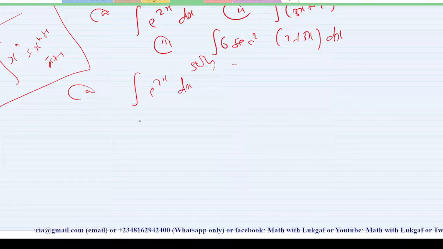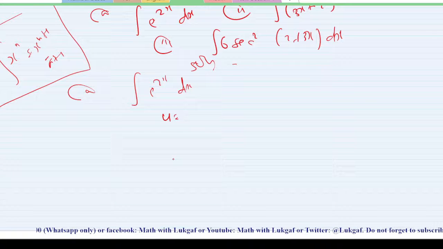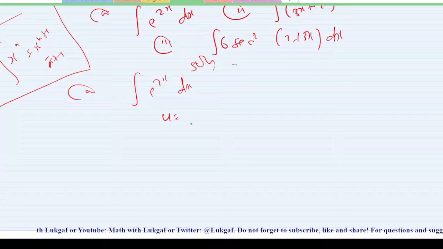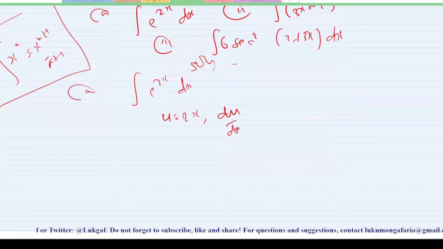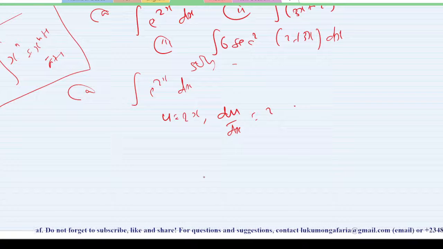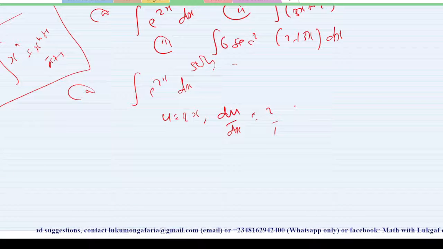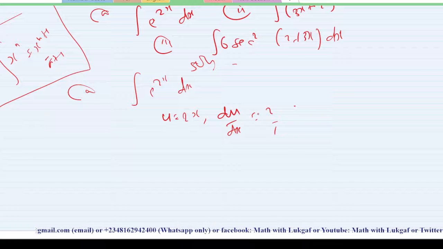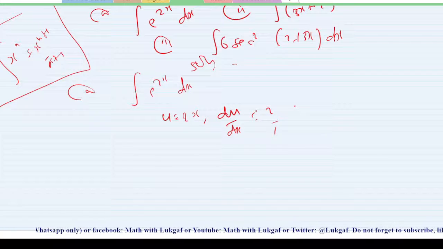To do this, you just make your u a linear function of x. What you have as your linear function of x here is 2x, right? Then you differentiate it. The du dx will give me 2, right? So by the u-substitution method, when you have x in your original integrand, you substitute it in terms of u.